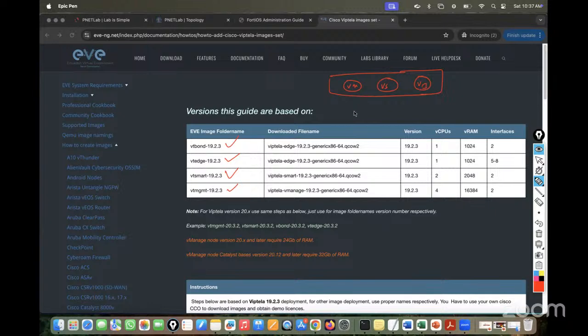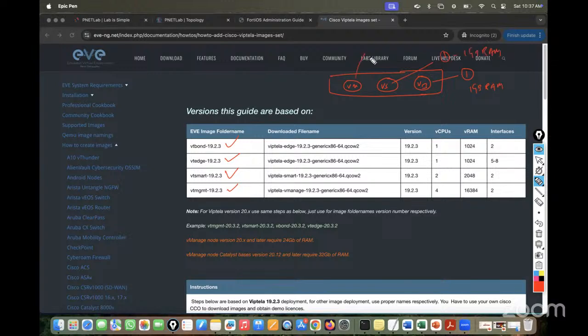What is the minimum requirement to build that? For vBond, I require one vCPU and 1 GB RAM. And for the vSmart, again, I require one vCPU and 1 GB RAM.